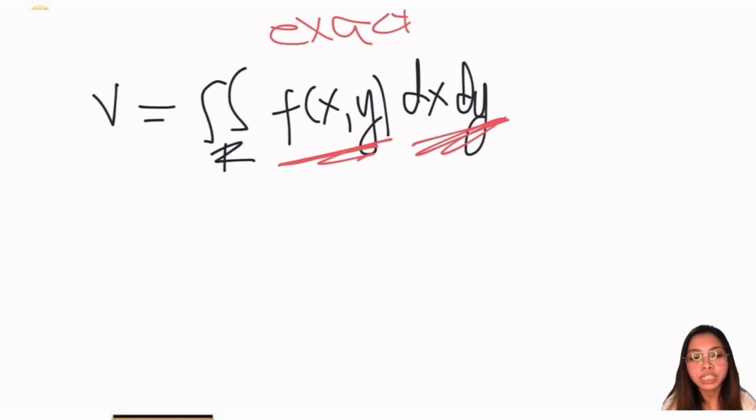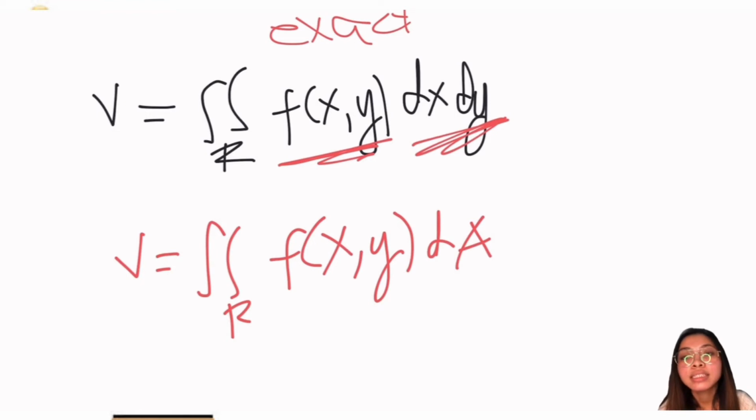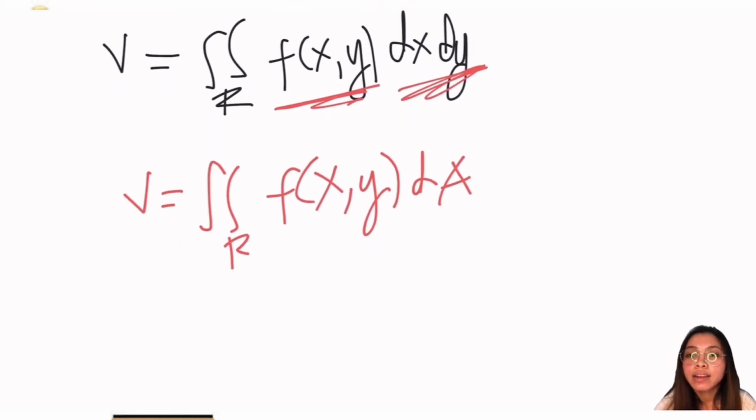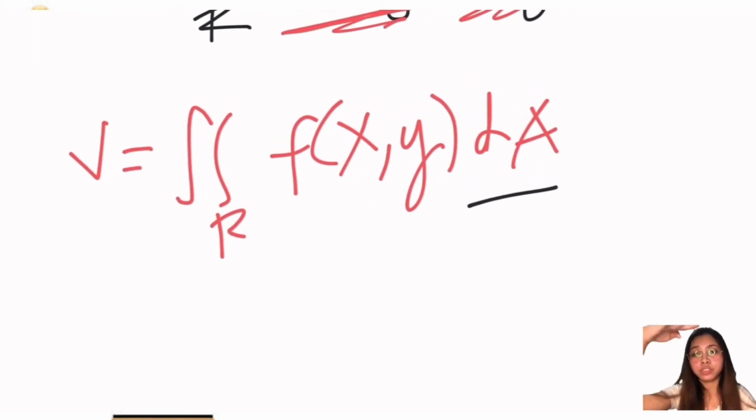So for any function of two variables, the volume under the surface and over a specific region is given by the double integral over the region of f of x, y dA. That is what the double integral means. It gives us the volume under a surface and over a certain region. So we have this equation to find the volume over a region and under a surface.